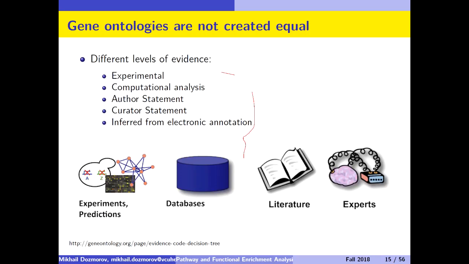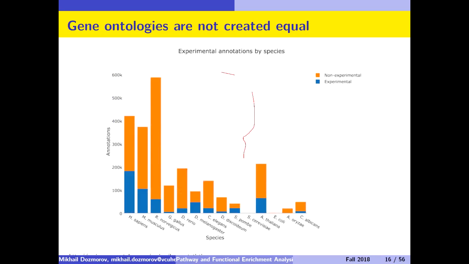So that's this cartoon overview of where your functions and your ontologies are coming from. This figure shows in orange the proportion of non-experimental annotation, and the blue bars show the proportion of experimental annotation for different organisms.